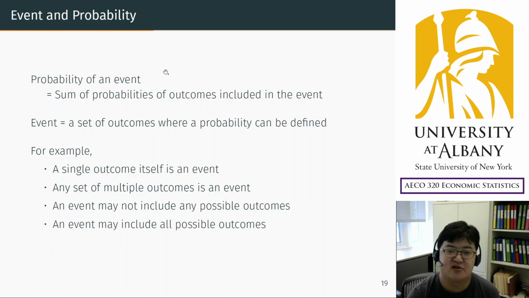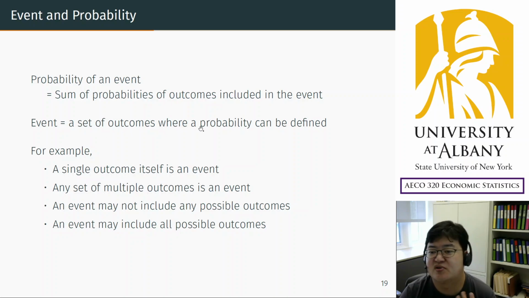more rigorously, to state the probability in a more rigorous way. Probability is defined for any event. An event is a collection, a set, of outcomes so that a probability can be defined.